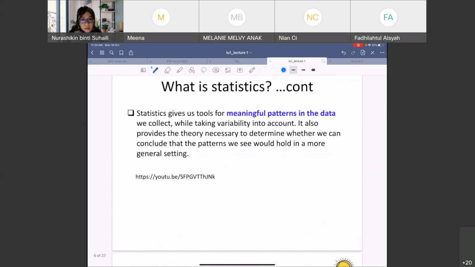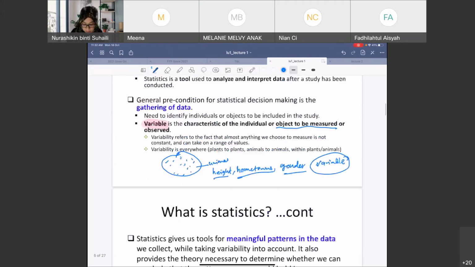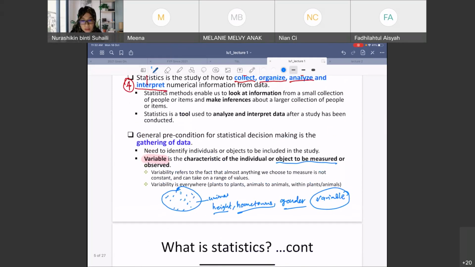What else? Statistics gives us tools for finding meaningful patterns in the data we collect while taking variability into account. It also provides the theory necessary to determine whether the patterns we see would hold in a more general setting. Take the simple example of the distribution of height of students at UNIMAS.